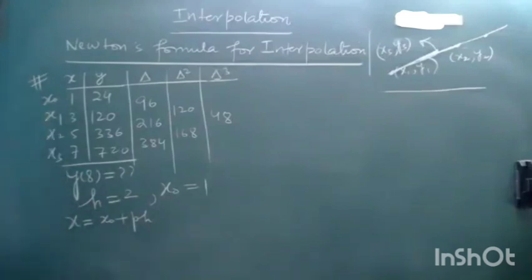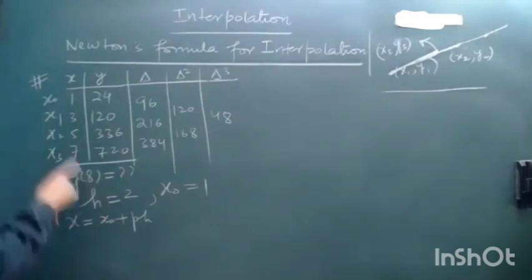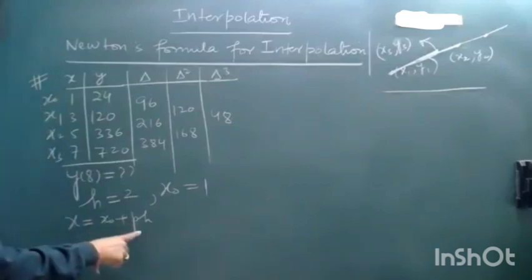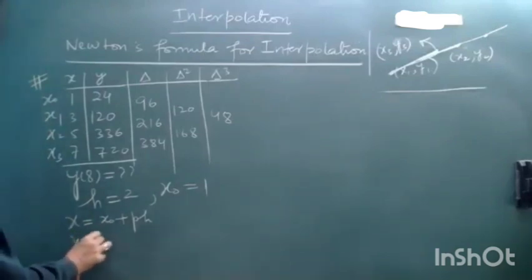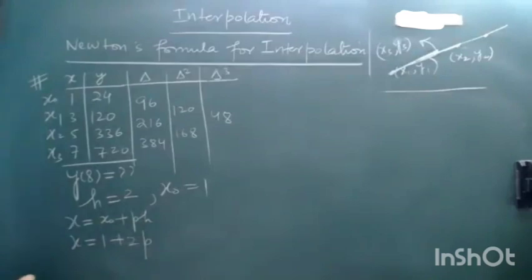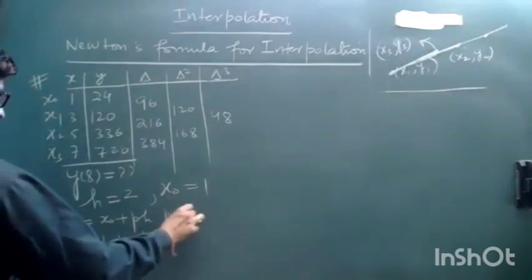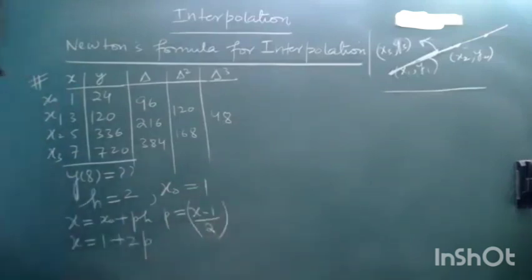If I use the forward difference method, how do we reach x? Your x is 8. So x0 plus ph, correct? So what will be the value of x? That will be equal to 1 plus 2p. So the value of p will be x minus 1 by 2. Learn this carefully.